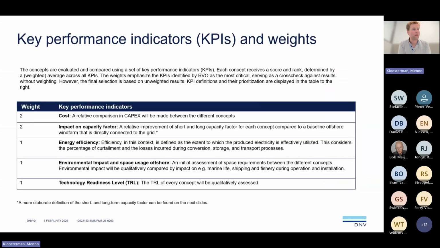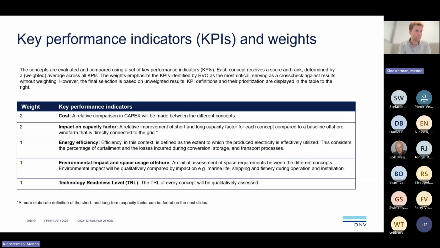The key performance indicators, or KPIs, that we looked at are the following 5. We looked at, obviously, cost: what is the change in capital expense between the different concepts? What is, of course, the impact on the capacity factor? But also, what is the energy efficiency? Certain concepts, although they could increase capacity factor, will come at a large cost in terms of energy loss.